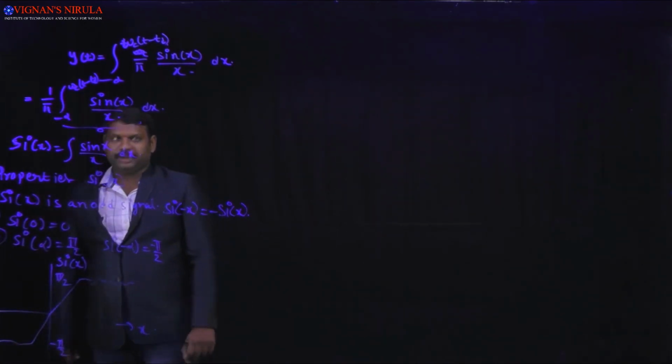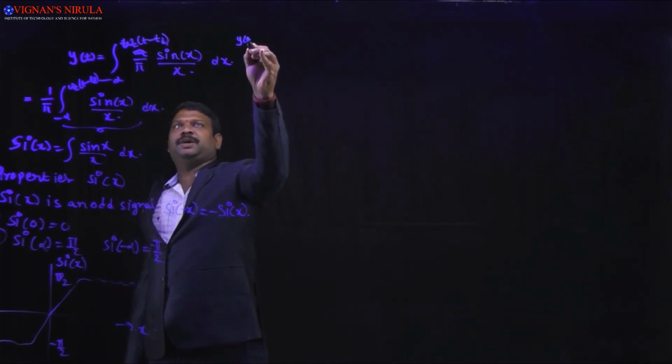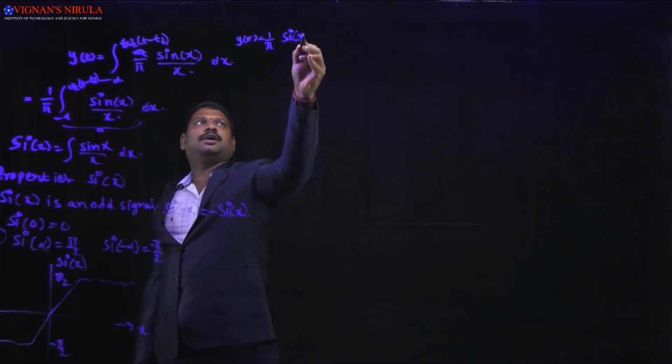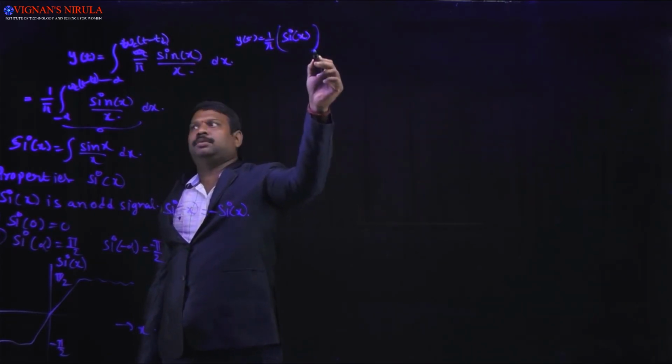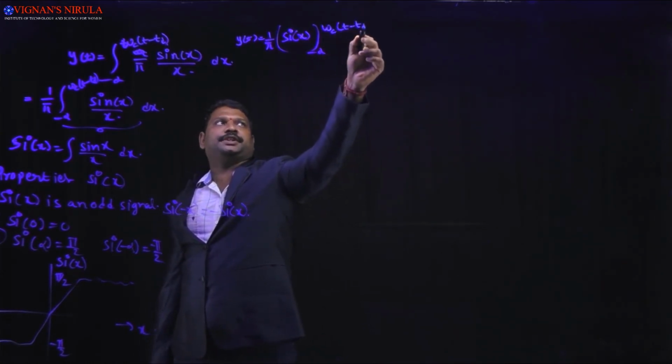Now come to this particular y of t. When we simplify that, y of t will be given as 1 by pi Si of x with the limits from minus infinity to omega c of t minus td.